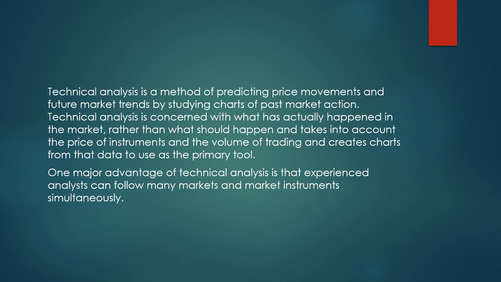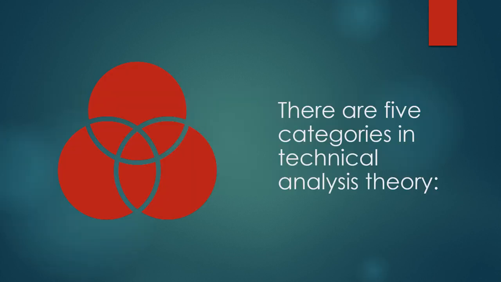Now, technical analysis is a method of predicting price movement and future market trends by studying charts. One major advantage of technical analysis is that experienced analysts can follow many markets and many instruments simultaneously. Now, there are 5 categories in technical analysis theory.